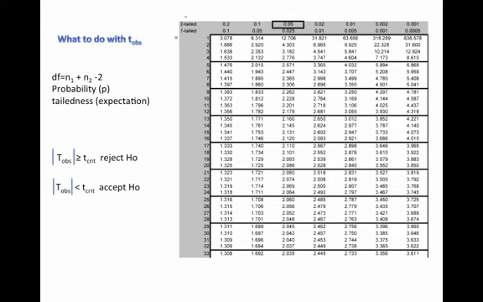The final thing you need to know to use the table is the tailedness of the test, and that's where the two possible alternative hypotheses statements apply. Remember, in the previous slide we said that there were two possible ways to express the alternative hypothesis. Either the means are different, or the mean for group 1 is larger or smaller than the mean of group 2.